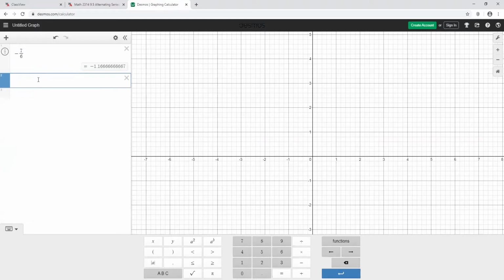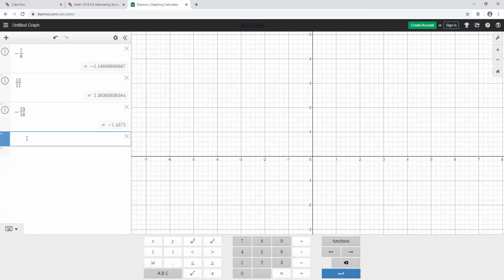The next term was +15 over 11. The next term was negative 23 divided by 16. The next term is 31 divided by 21. So it's only 4 terms. It alternates, we knew that. Negative, positive, negative, positive.